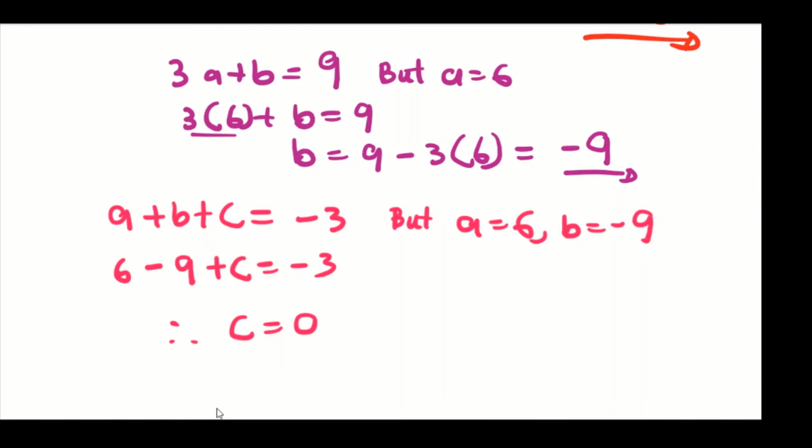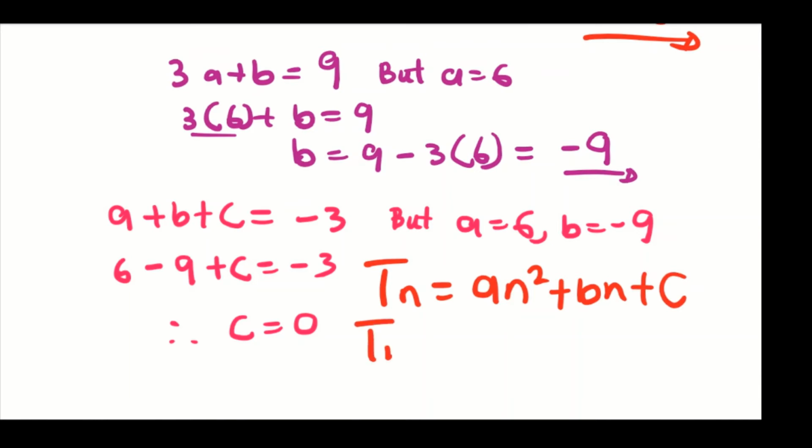Therefore the general term of the sequence is Tn being equal to an squared plus bn plus c.